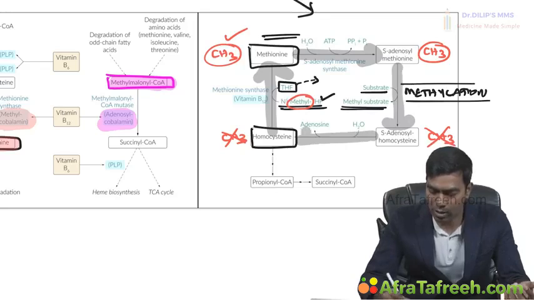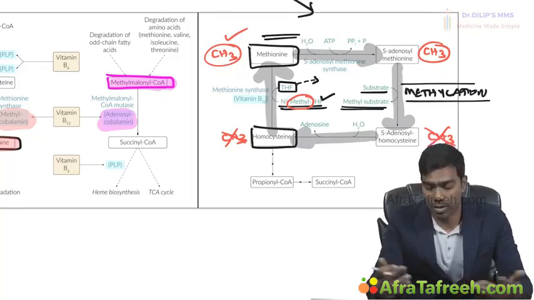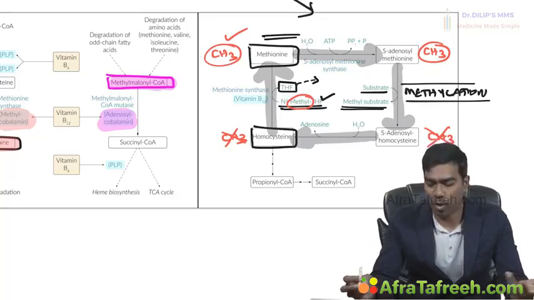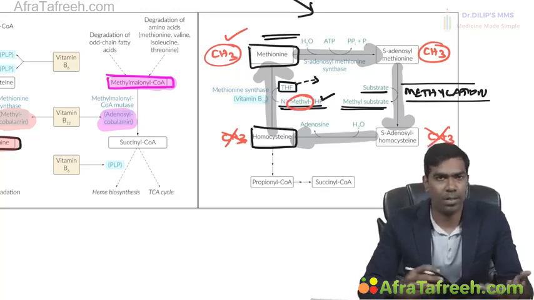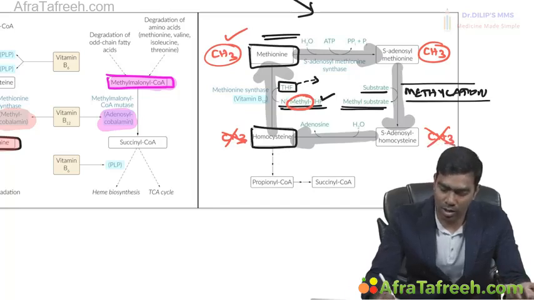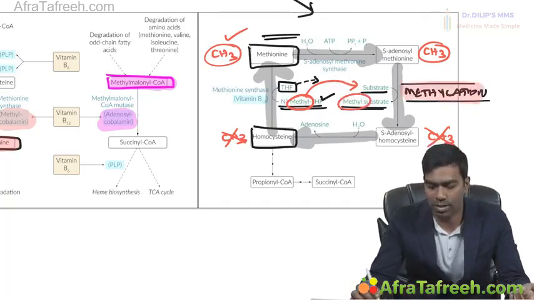Once again, S-adenosyl methionine becomes S-adenosyl homocysteine, which becomes homocysteine, and the cycle will continue. Which means what you are essentially doing here is transferring the methyl group from the folate, the N-methyl tetrahydrofolate, and pushing this methyl group to some substrate that is going to get methylated. So the entire idea of this cycle is this methylation process, where the methyl group from the N-methyl THF is transferred to some other substrate that needs this methyl group. That is what we call a methylation reaction. So this is the basic principle.